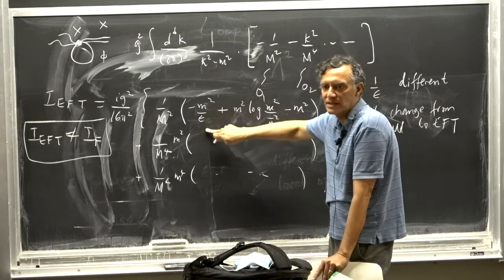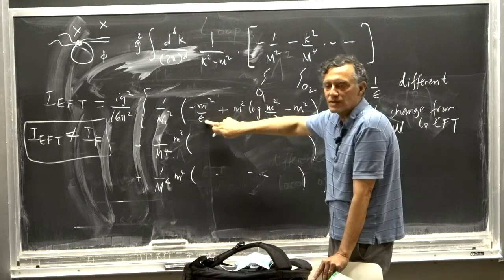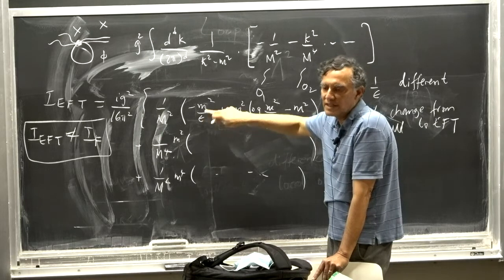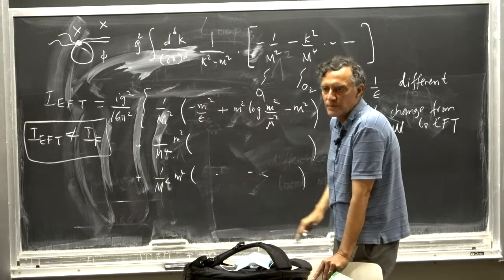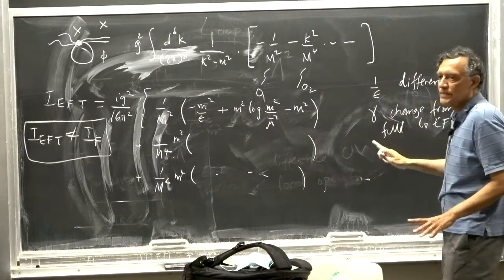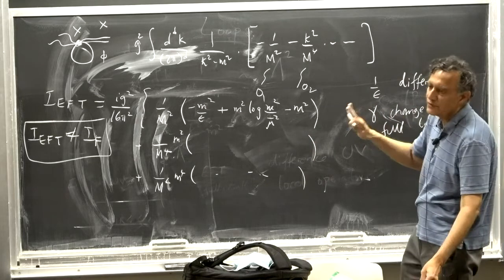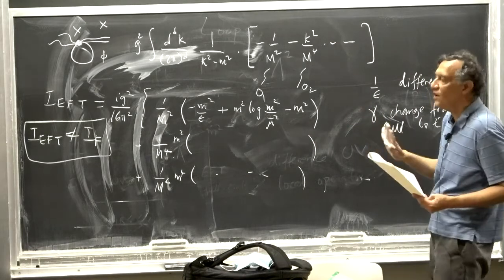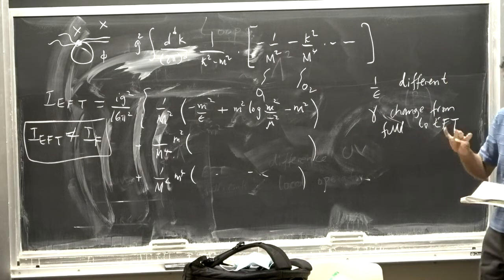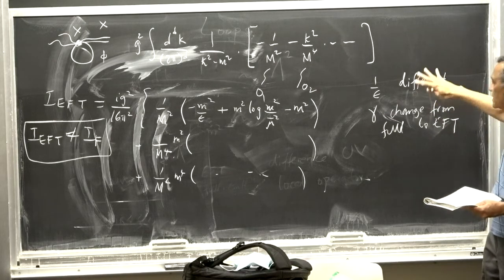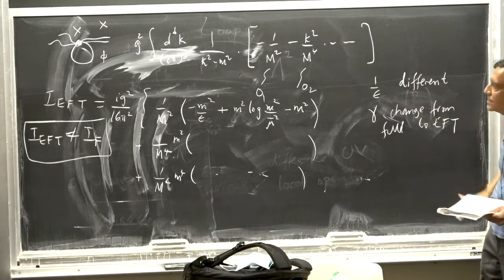At one loop, it's just minus 2 times the coefficient of this 1 over epsilon. So the statement is that the counter terms are different. So you have to renormalize the EFT using a different set of counter terms from the full theory. The EFT is a field theory all by itself. It's sort of independent of the full theory. It has its own counter terms and its own renormalization procedure.